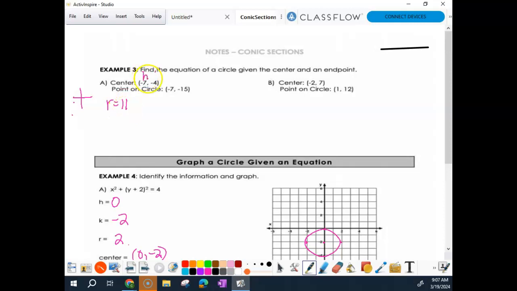And so this is my H and this is my K. So I'm going to get X plus 7 squared, and then Y plus 4 squared, and then 11 squared, which is 121.